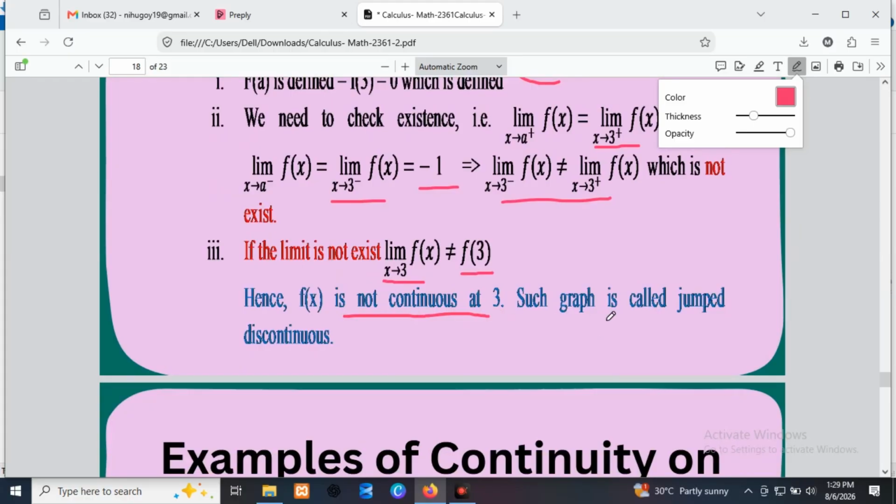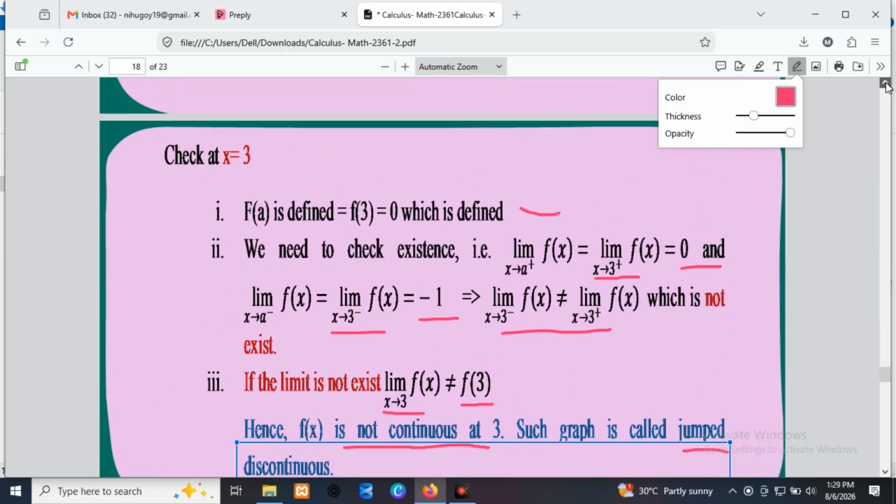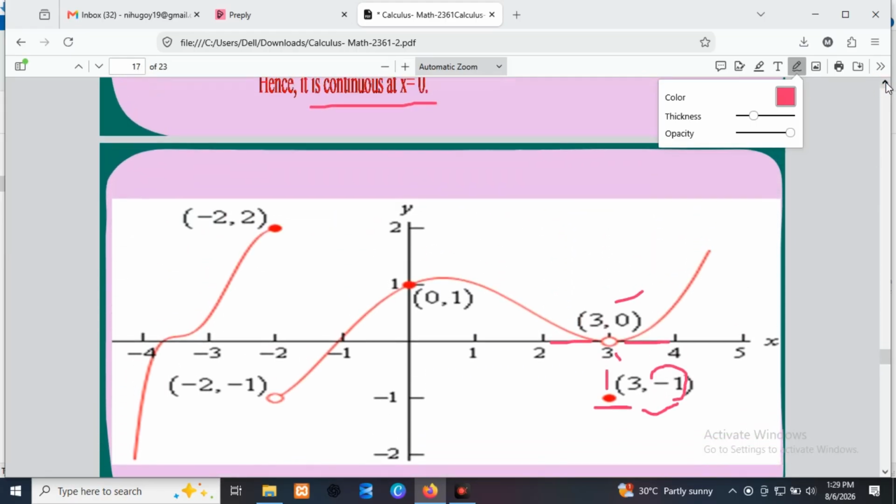Again, such a graph is called a jump discontinuity. So let's summarize our lesson for the jump piecewise graph.